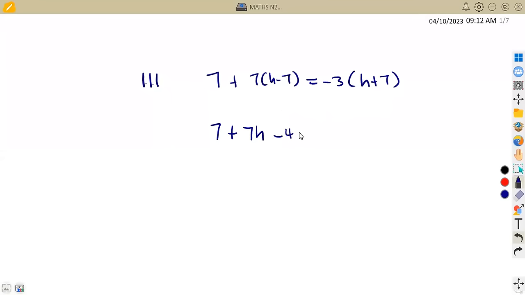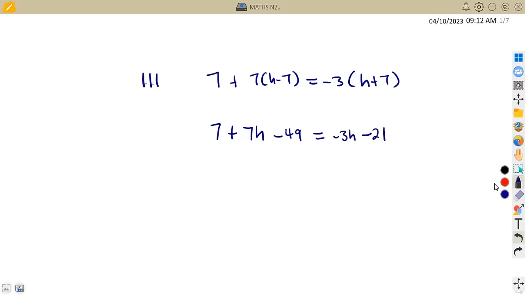This is going to give us a minus 49, which is equal to, on the other side of the equation also, we have negative 3 that is supposed to expand the bracket. So it's negative 3 times h, which is negative 3h, negative 3 times plus 7, that is going to give us a negative 21.